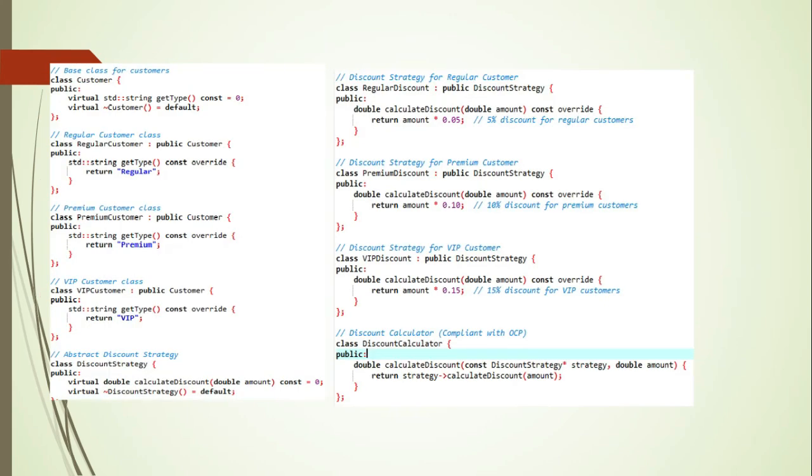Now see this example in detail. This is the customer discount calculation. This code is written for discount calculation in C++.